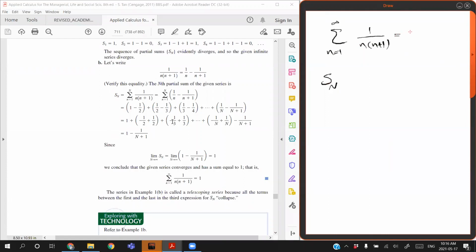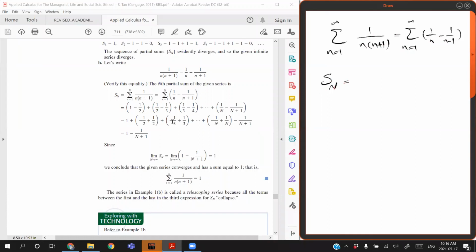The trick was, first of all, to use partial fractions. You can write this as 1 over n minus 1 over n plus 1.